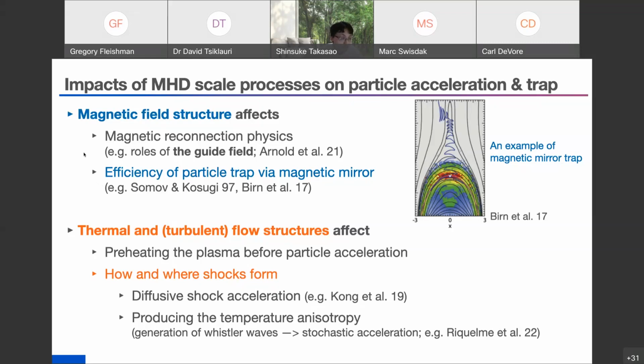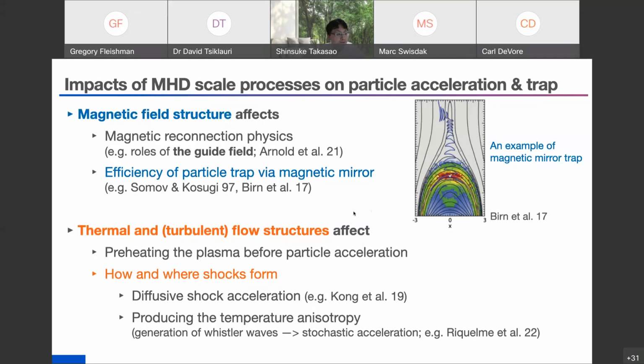And the multi-field structures at the large scale also affect the efficiency of particle trap via magnetic mirror. This panel shows an example of a magnetic mirror trap. The black lines show the magnetic field lines, and the blue lines show the trajectories of electrons. We see that the electrons are confined in narrow regions, and this is advected to the rooftop regions.